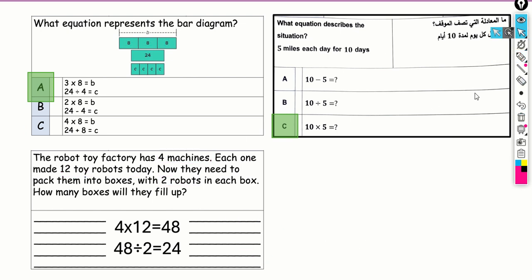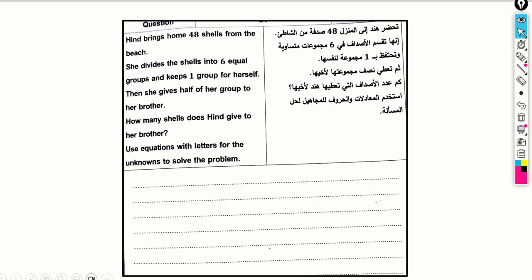Now this is, again, you have to look at the numbers first. Hind brings home 48 shells from the beach. She divides, this is a keyword now, the shells into 6 equal groups.